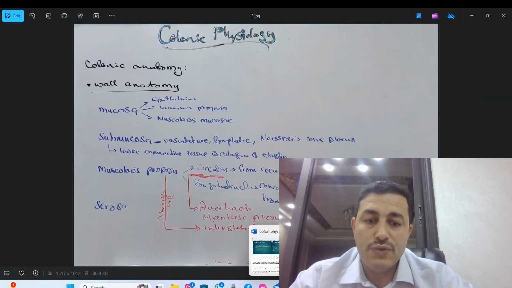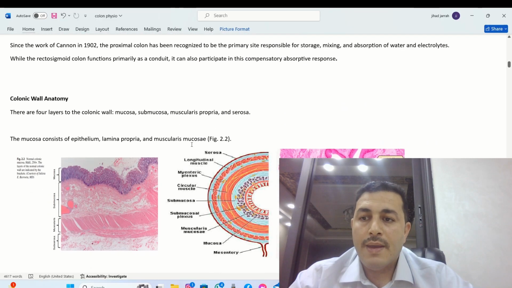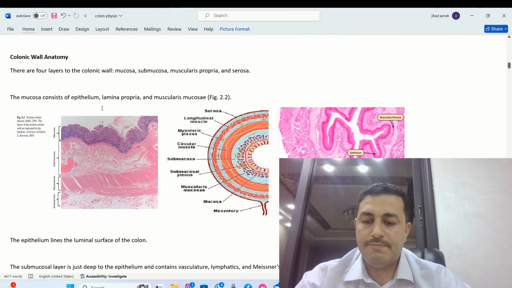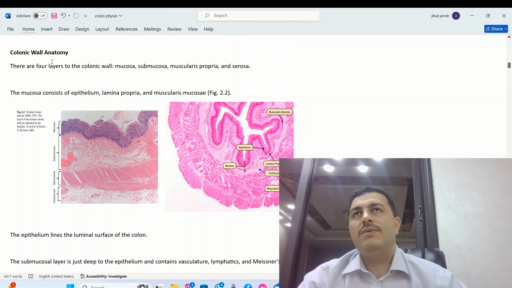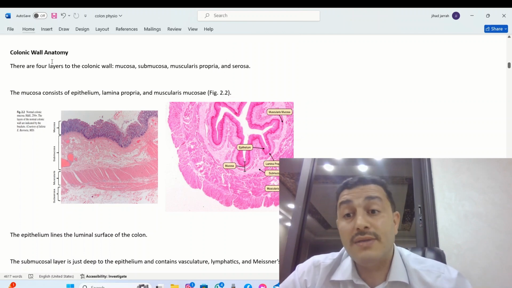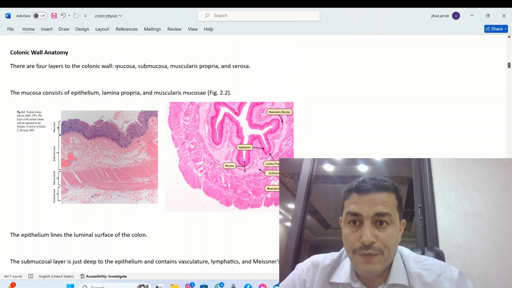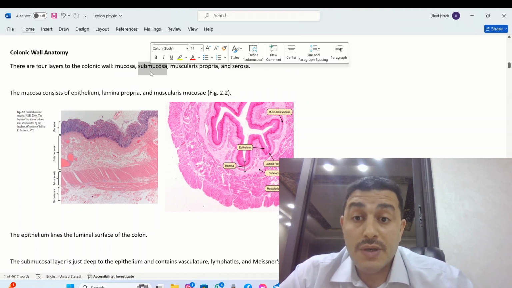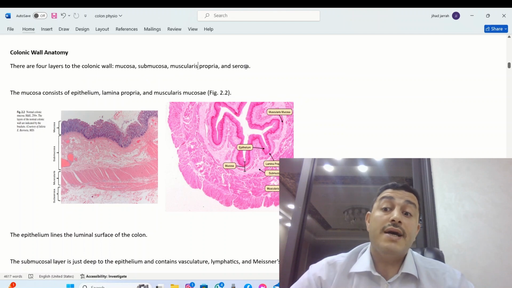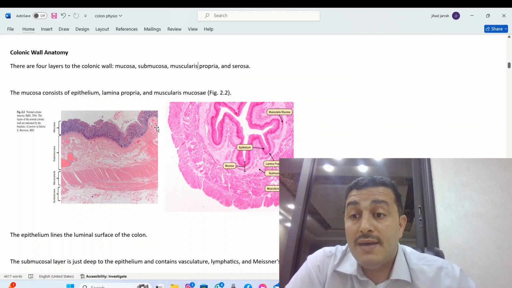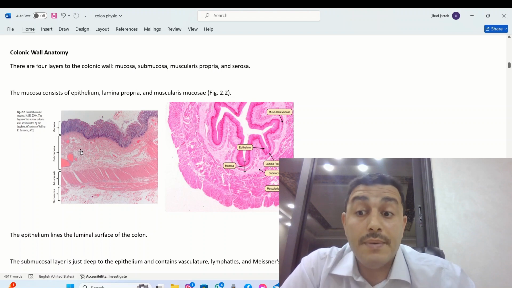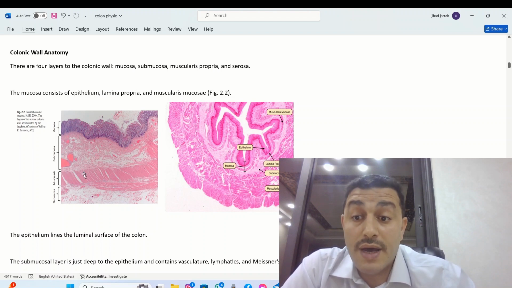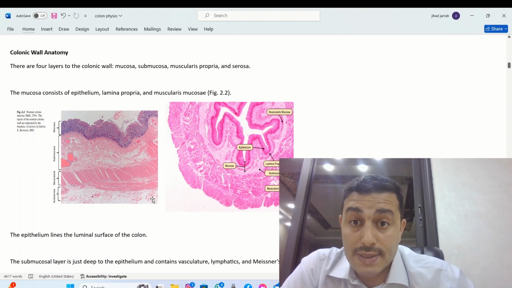Okay, let's move to the epithelium. The colonic wall anatomy, or let's say the histological anatomy, consists of mucosa, submucosa, muscularis propria, and serosa. As you see here, this is the mucosa, this is the submucosa, this is the muscularis propria, and this is the subserosa and serosa.